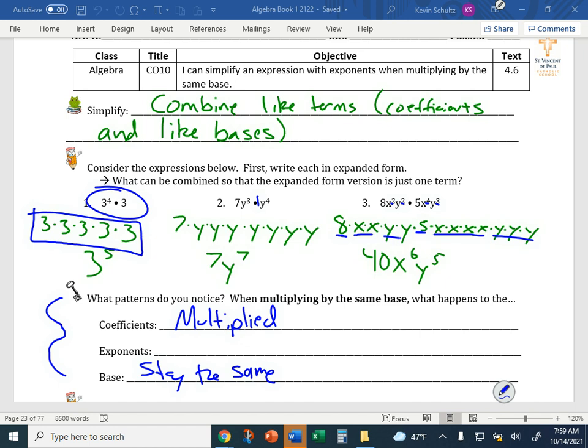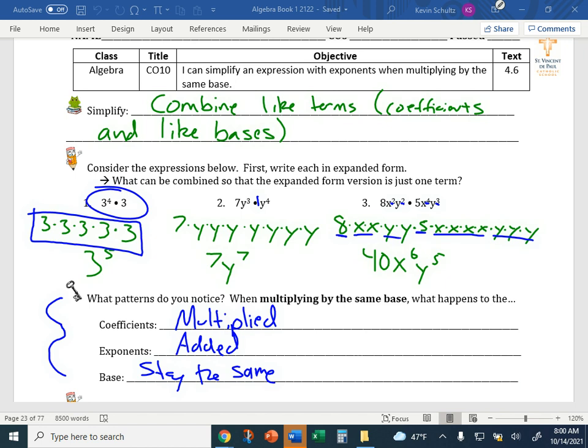And then what was our rule for the exponents, Max? You add them. So coefficients multiplied, exponents added, the base will stay the same. Nifty, isn't it? Nice little rule. Throw it on a help sheet. It's a key point. We're good to go.